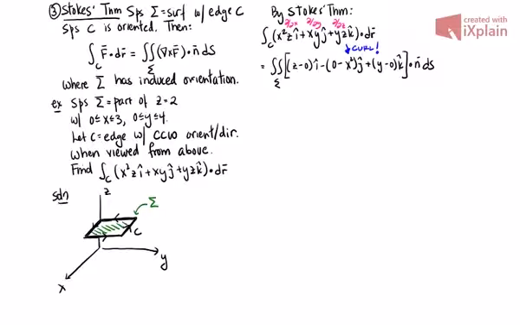And now I've done the curl, and all I need to do is explain what sigma is. So in this case, I could say sigma is as given, oriented up.